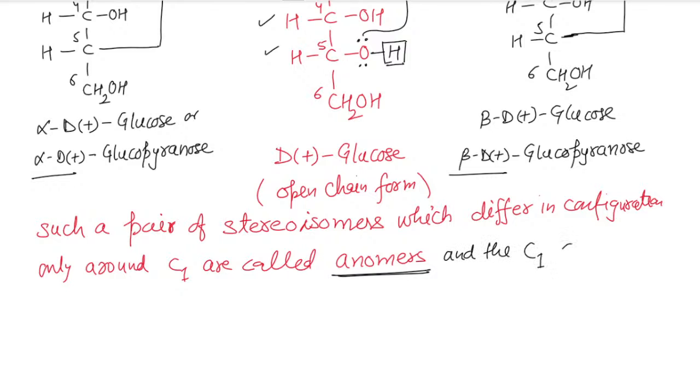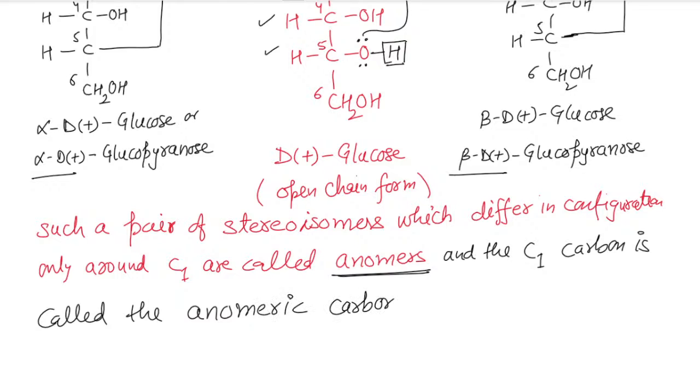and the C1 carbon is called anomeric carbon, or sometimes we also call it glycosidic carbon.